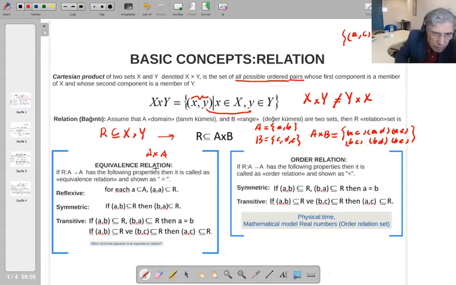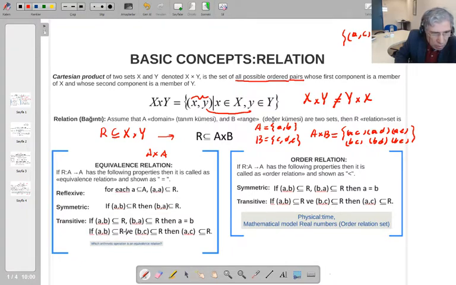So one of them is this. For each a in this set, (a, a) must be in the subset relation. If (a, b) is in the subset relation, then (b, a) should also be in the subset relation. That's the symmetric property. And the transitive relation, maybe if you read this one, it's easy to understand.